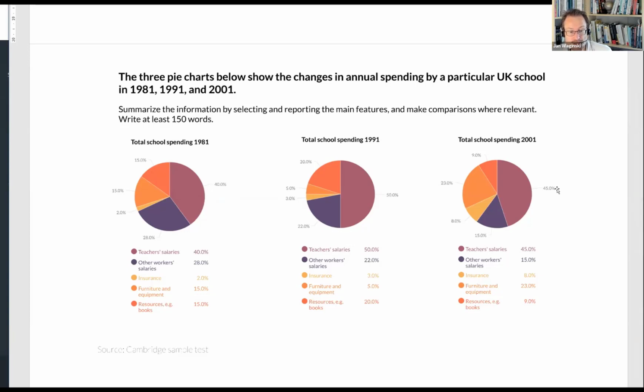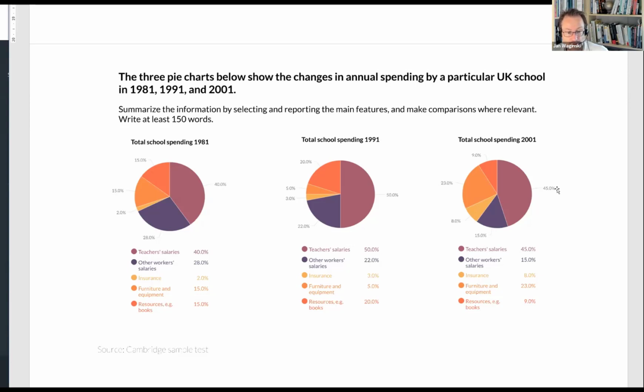Conversely, if the organization's budget fell, but they kept the same number of teachers on staff and the same number of hours, then the percentage on teachers' salaries would have gone up, even if the salaries themselves did not go up. Does that make sense? Yeah.